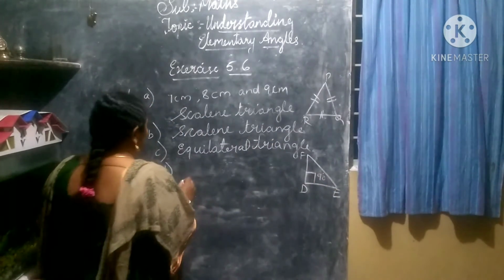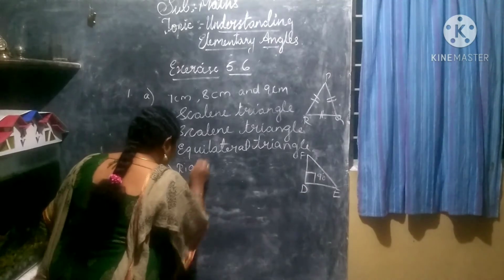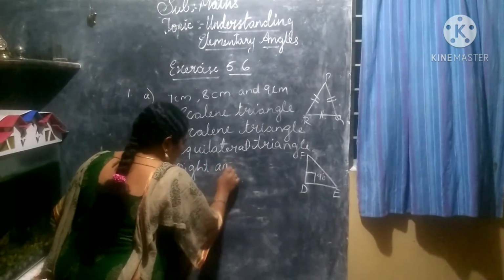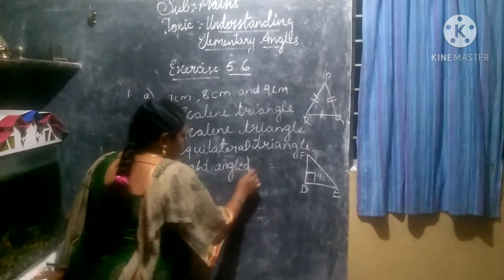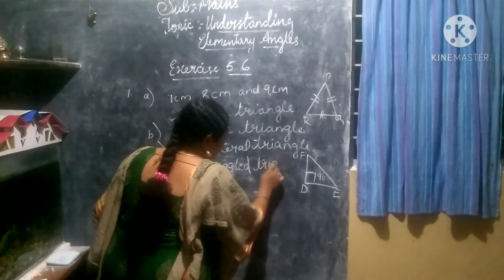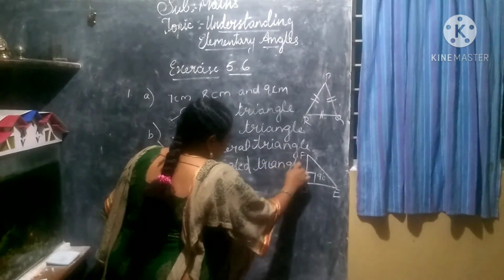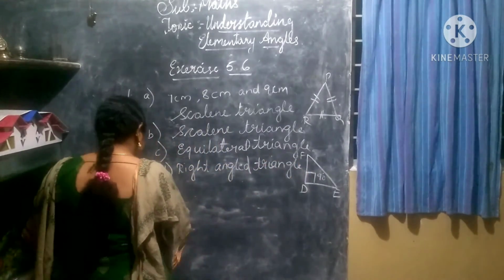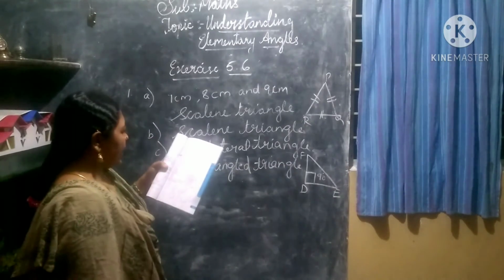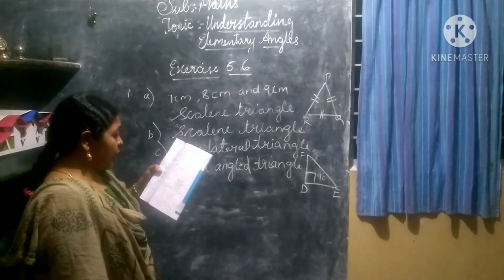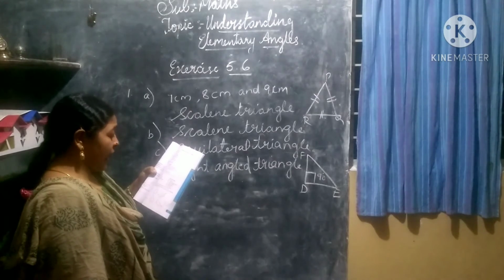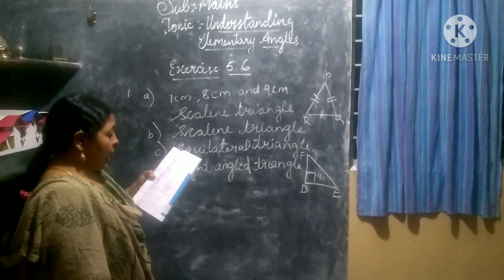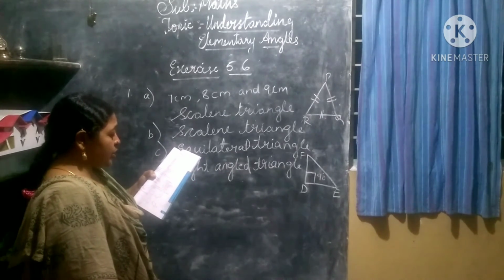Then what type of triangle is that? That is a right angled triangle.